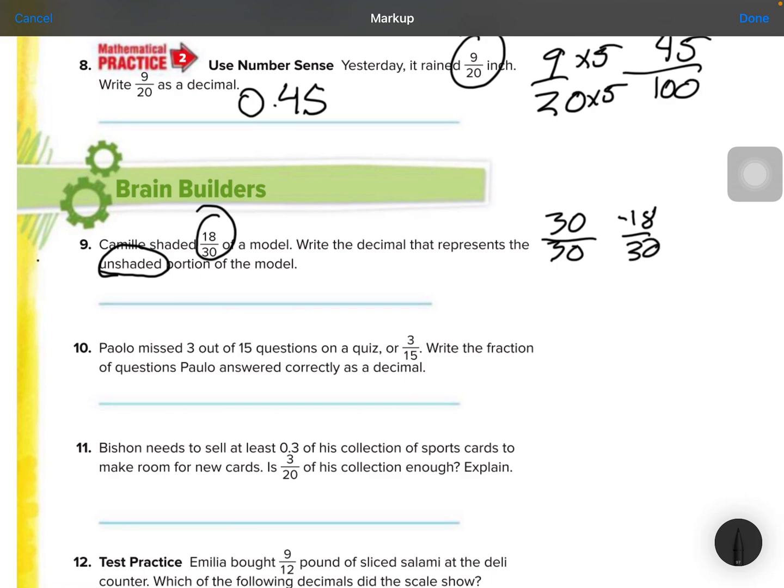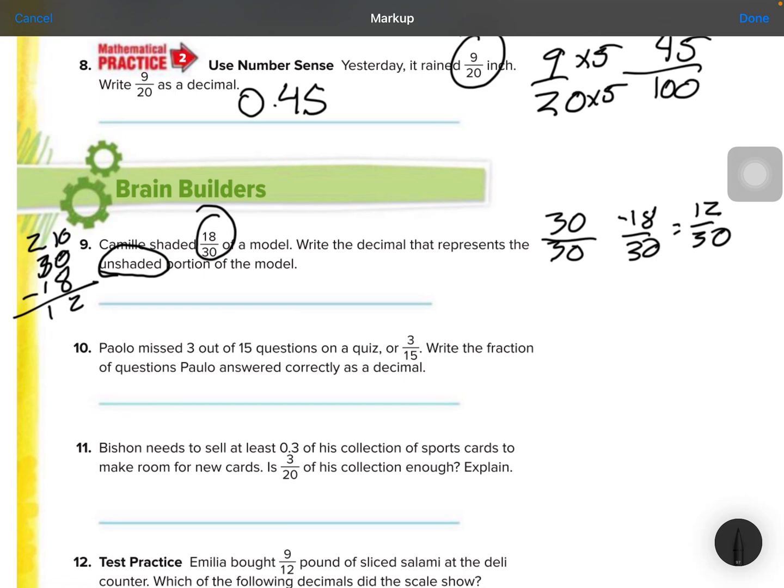She shaded 18, so we're going to take 18 from 30. 8 from 10 is 2. 2 minus 1 is 1. So there's going to be 12/30 left. And we're going to write that as a decimal.